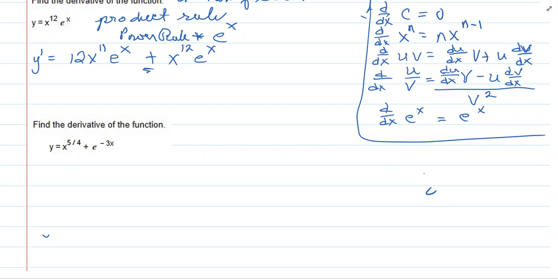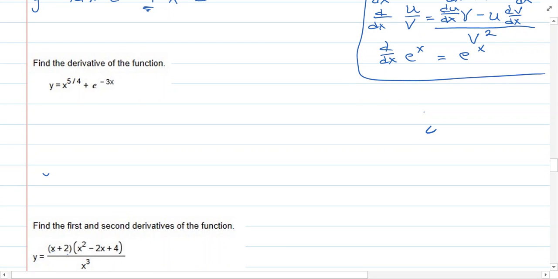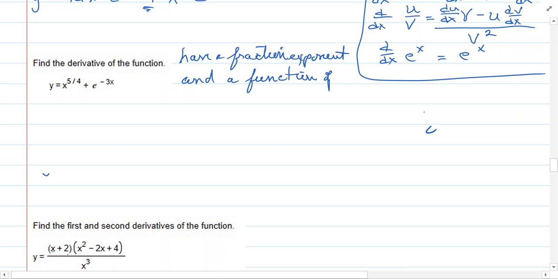All right. Now this one's interesting for two reasons. We have a fractional exponent, meaning we have a square root, a fourth root, and a function of e to the u.